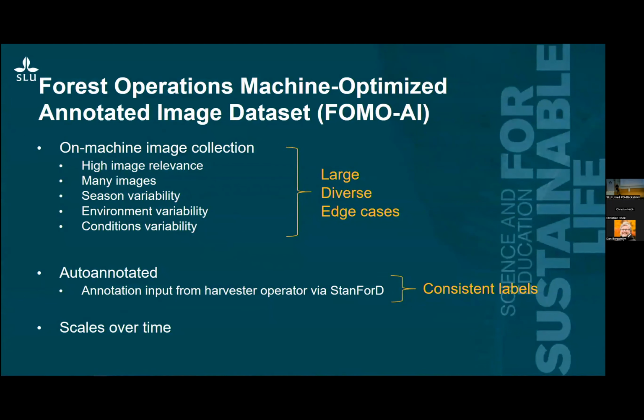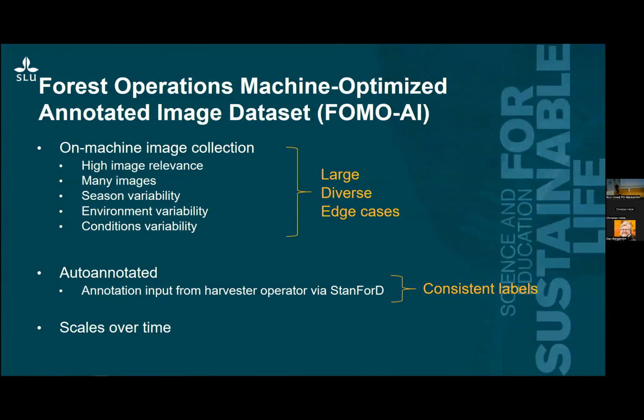So if we can put a camera on a forestry machine that you can continuously or intermittently record, then you will catch all this variability and these edge cases, presumably. But there will be a lot of data to do annotation on, which is a very labor-intensive part of creating these annotated data sets.